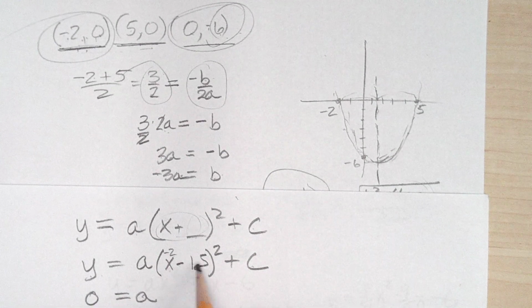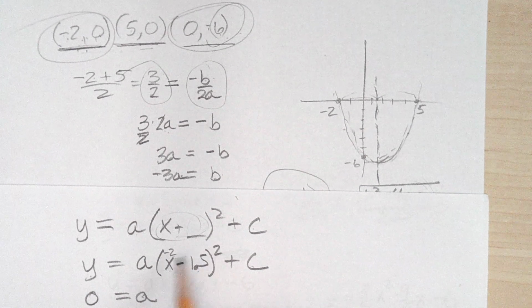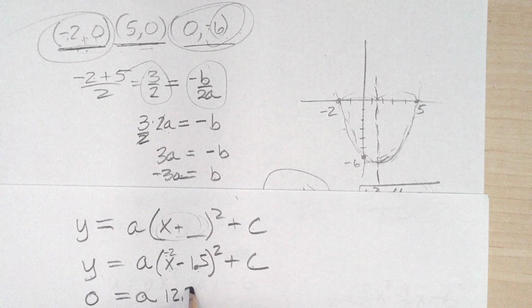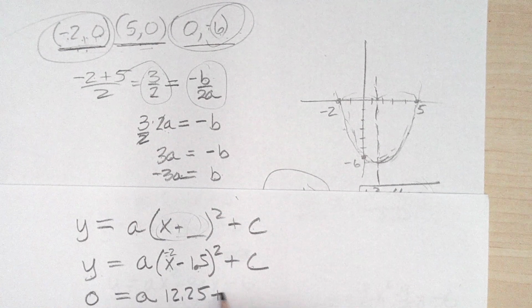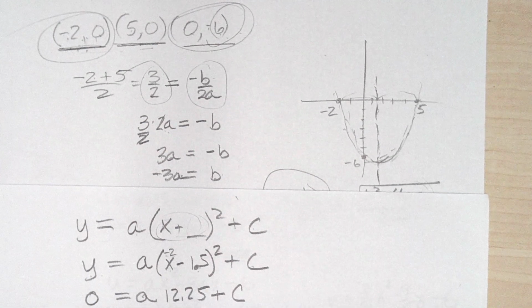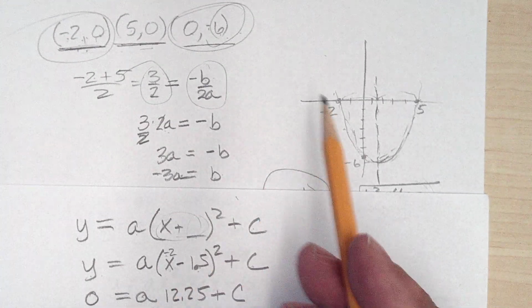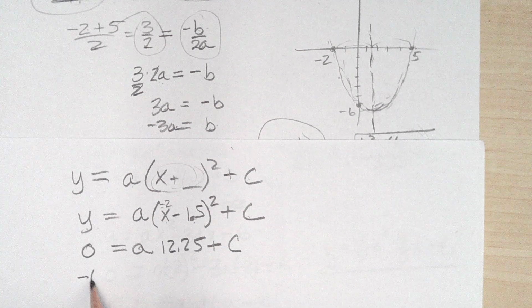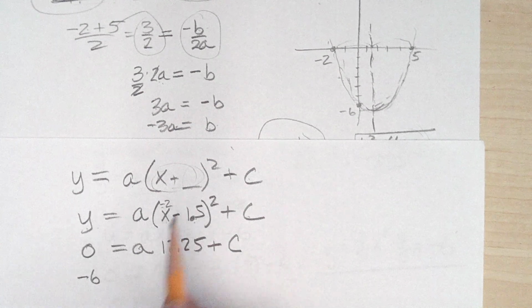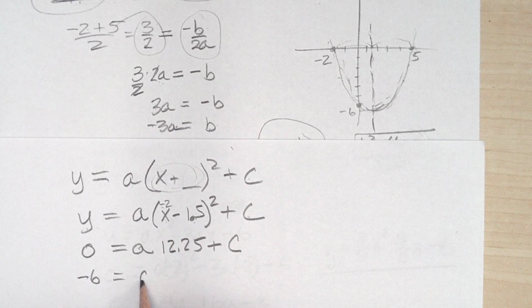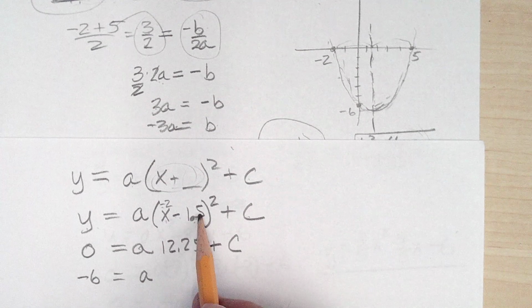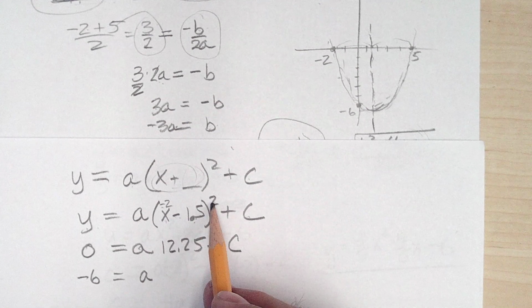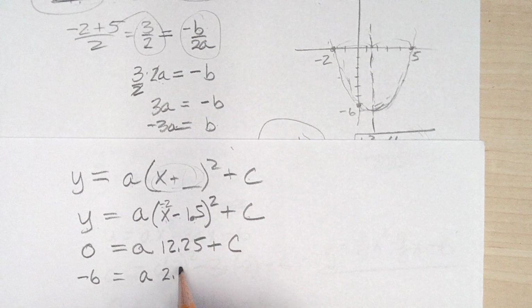Minus 2 minus 1.5, that's minus 3.5 squared is 12.25 plus c. And if I put in 0, I get negative 6. If I put 0 in for the x, 0 minus 1.5 squared, that's 2.25.